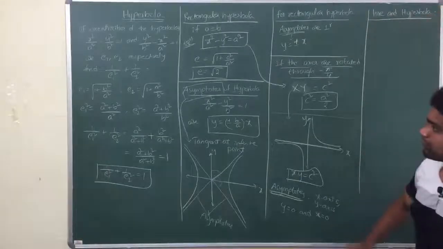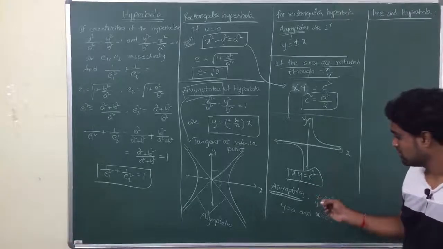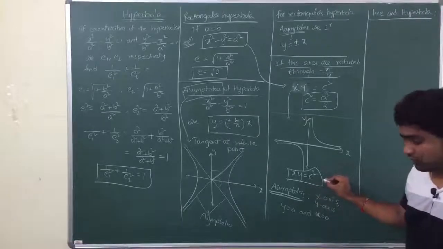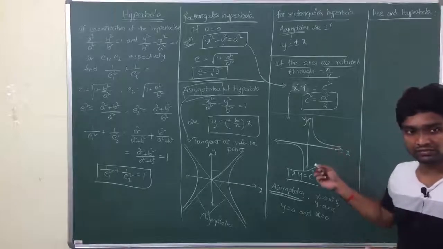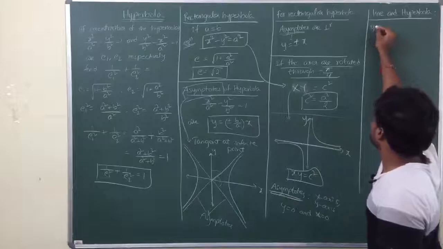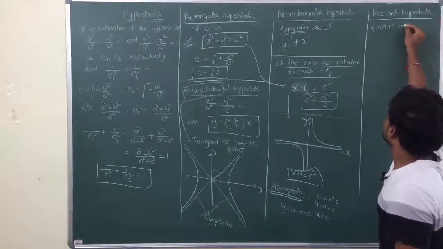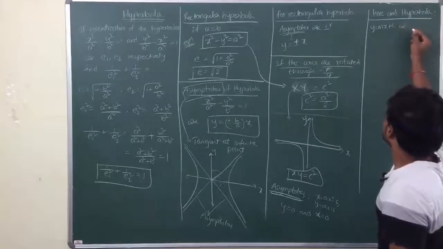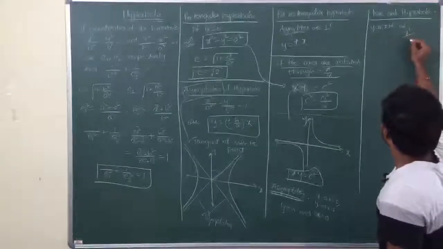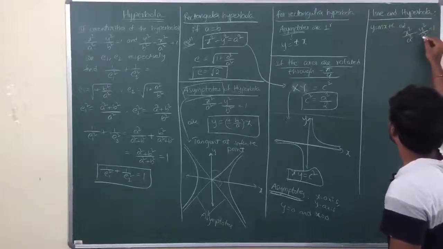Line and hyperbola. We'll discuss the equation of tangents and normal for this hyperbola separately. Now, line and hyperbola: y is equal to mx plus c and hyperbola x square by a square minus y square by b square is equal to 1.